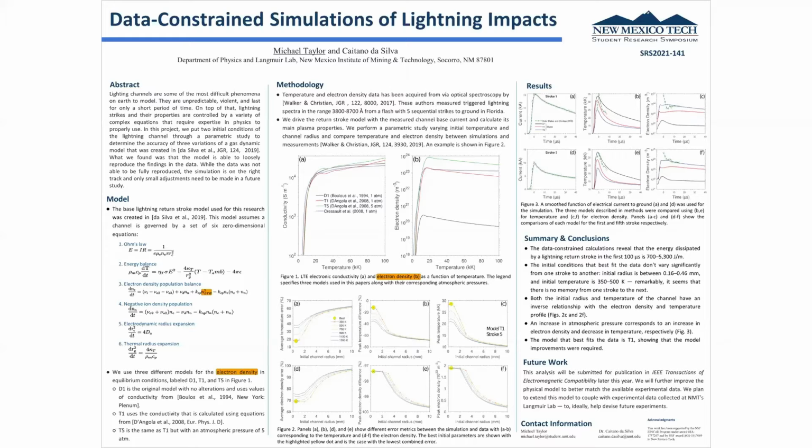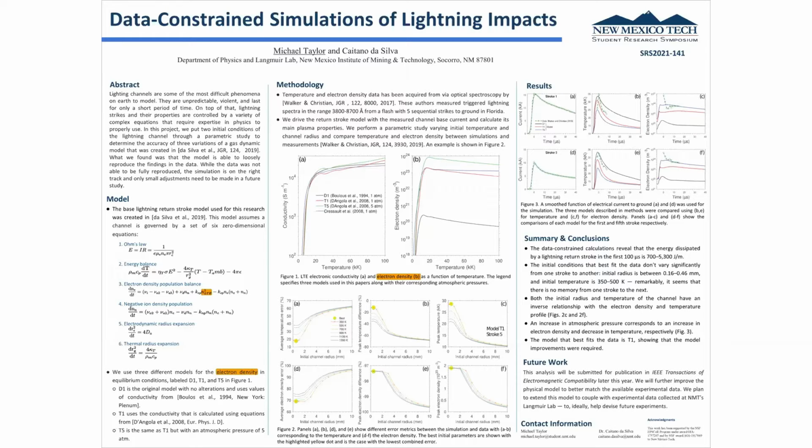We had 3 different models, the first being the original model that is listed in that paper, and the next 2 being models that calculated conductivity and electron density from a paper by Dingala. The difference between these 2 models is the first has an atmospheric pressure of 1 and the second has an atmospheric pressure of 5.